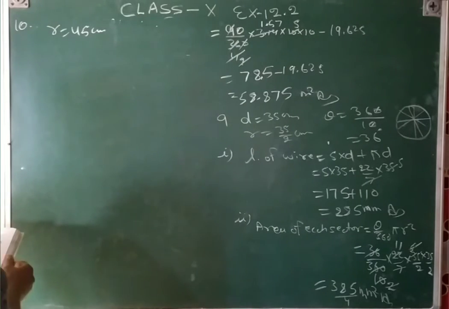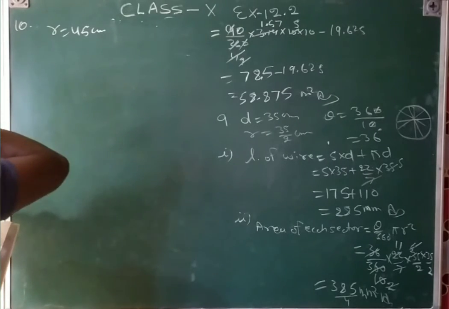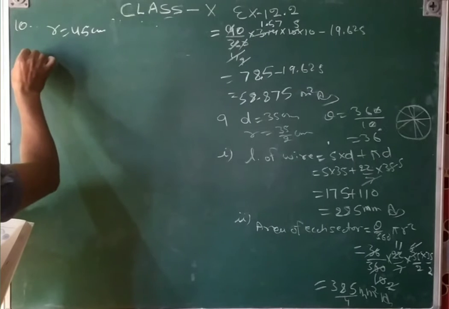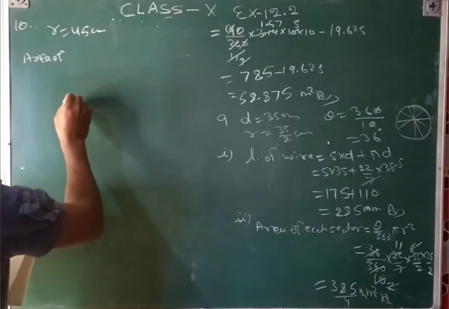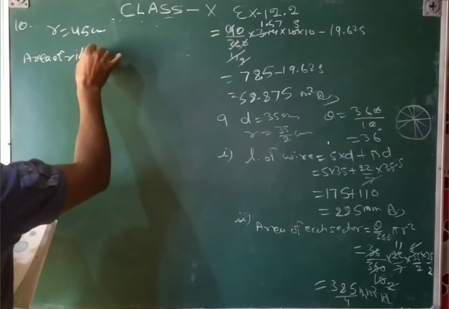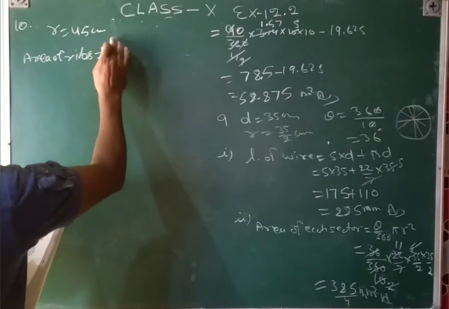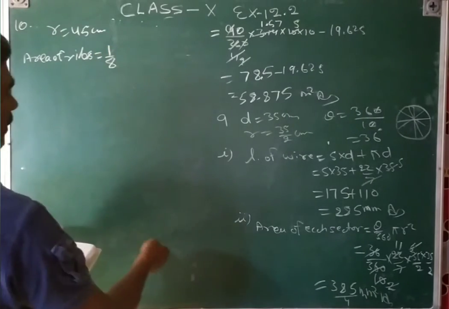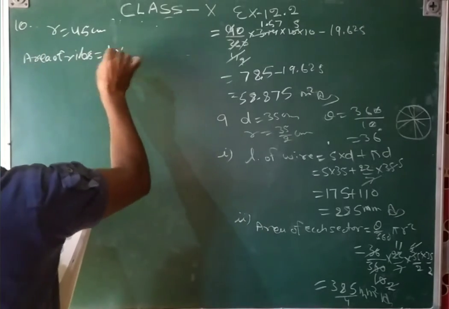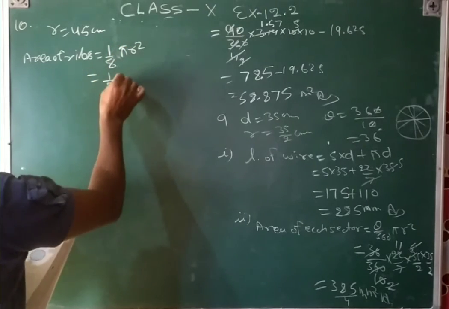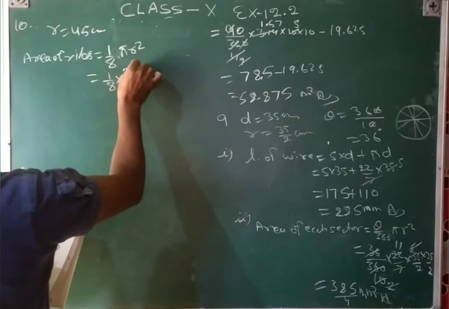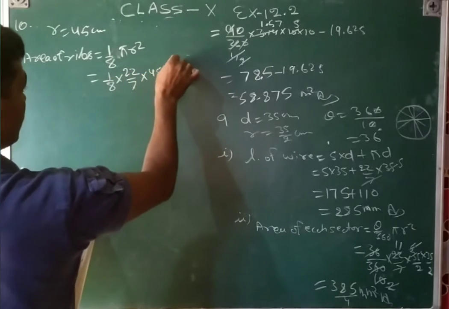So how many ribs are there? 8 ribs. So we can find the area between ribs, which is 1 upon 8 pi r square, because the part is given here. So 1 upon 8 into pi value 22 upon 7 into 45 into 45.